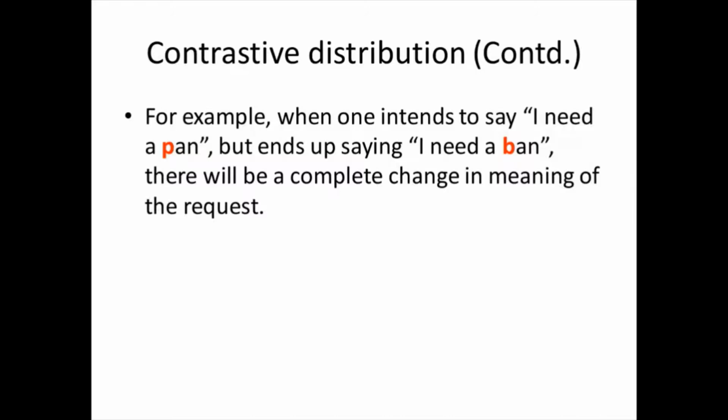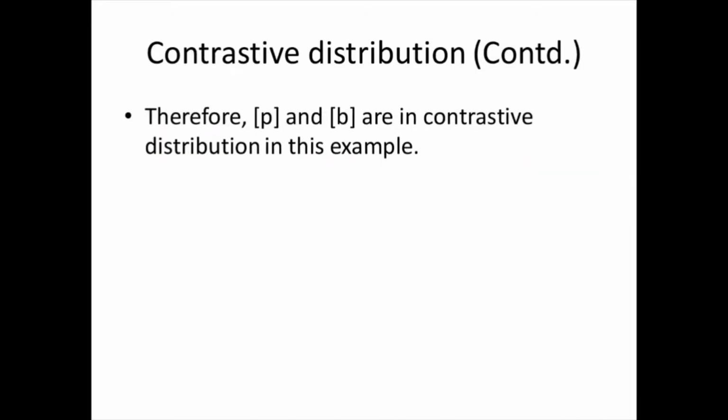But if I say I need a ban, I hope you all know what a ban is. With a consonant B, I will communicate something different in my request. So, moving on, it therefore means the sounds P and B in the examples I've given are in contrastive distribution.